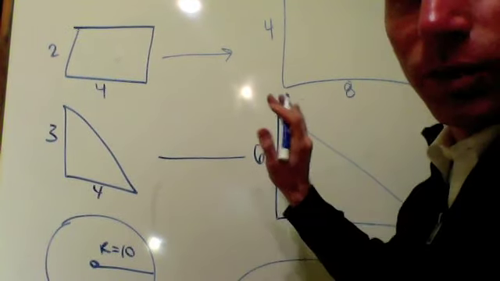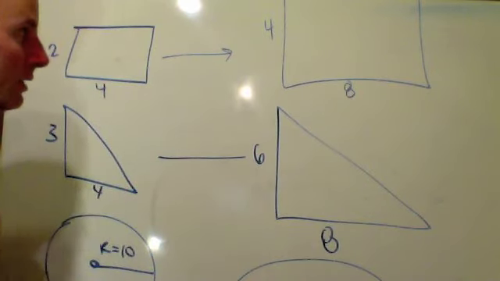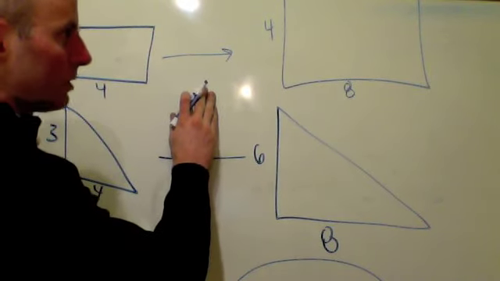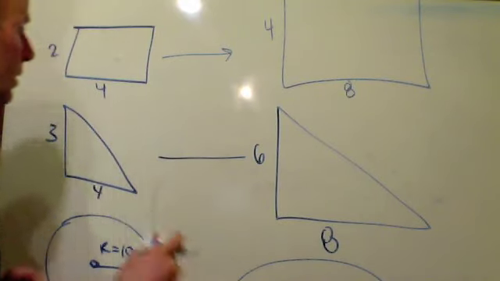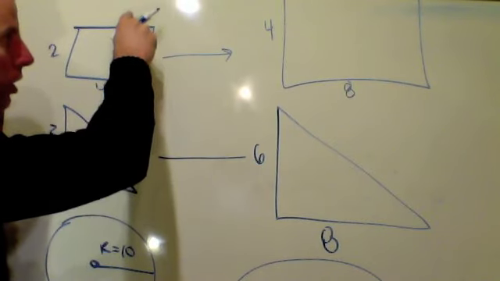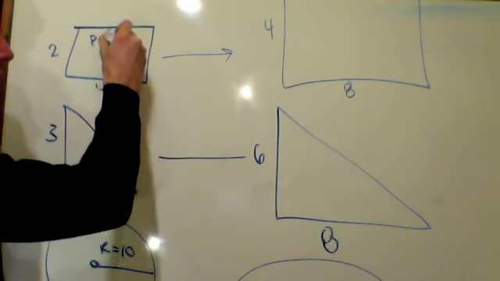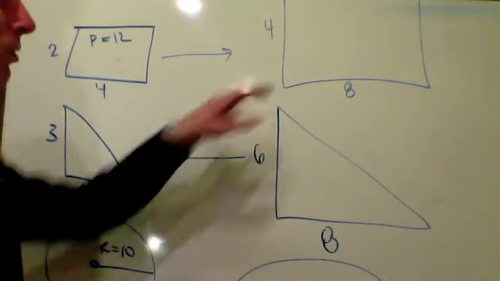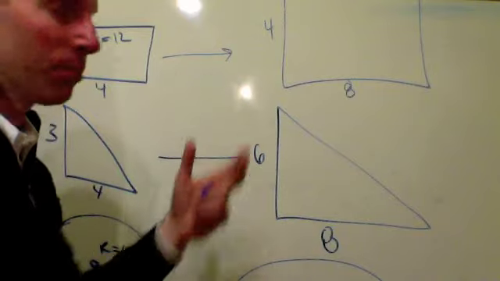Let's start with just focusing in on what happens with this rectangle when we double the sides. When I double the sides, for one thing, I double the perimeter. Right now it's 2, 4, 2, 4, so this whole thing has a perimeter of 12. But when I double the sides, I increase the perimeter to 24.